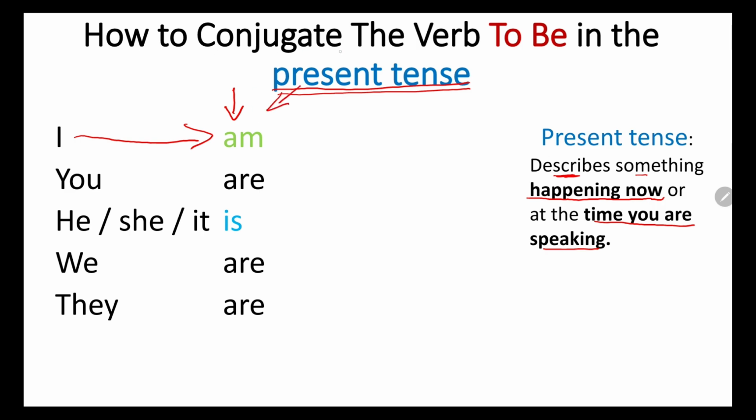So that's what we mean by conjugate the verb to be in the present tense. This verb be will change to am, are, is, are. So again, I am, you are, he, she, it is, we are, they are. Okay? Great.